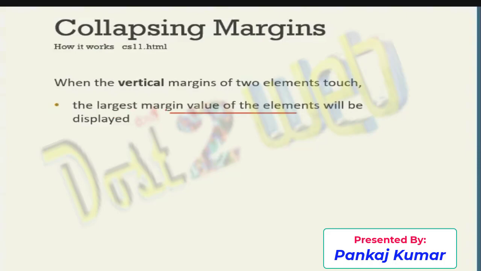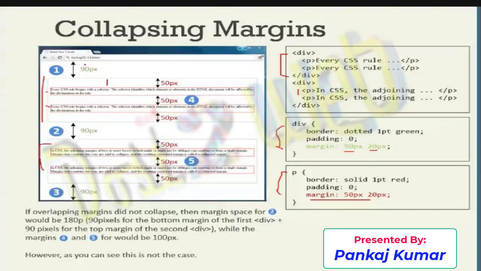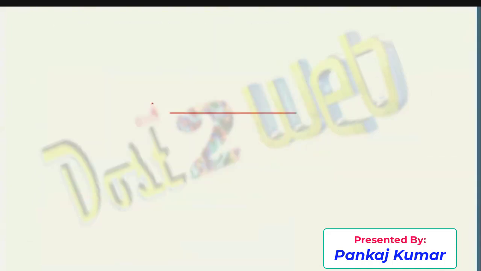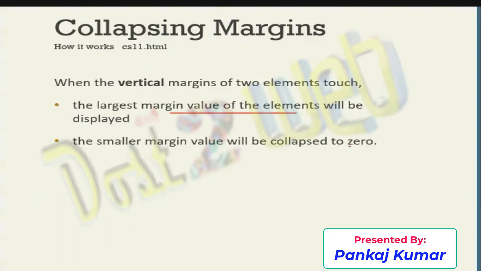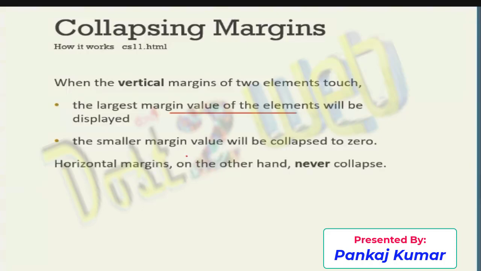In the case of this vertical margin, the largest is 90 or 20, or 90 or 50, so the highest is 90 and it will take 90. Then the smallest margin value will be collapsed to 0.